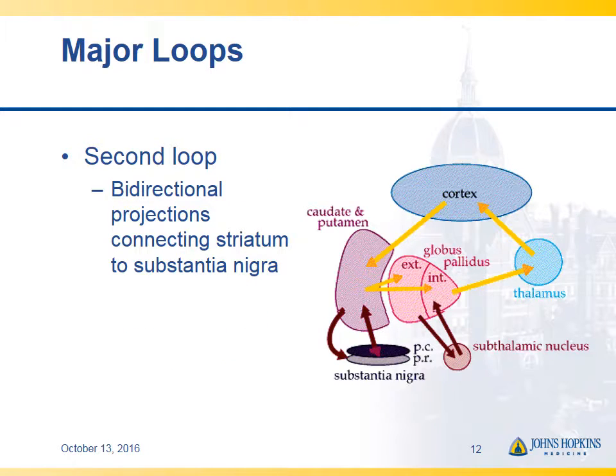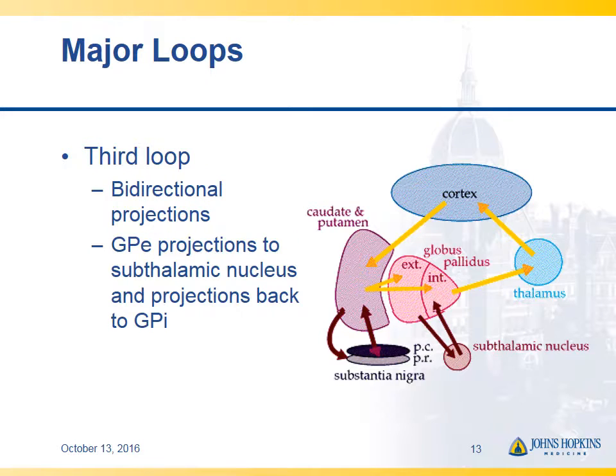The second loop is a bidirectional loop. So there are projections connecting the striatum to the substantia nigra. The third loop is also bidirectional with globus pallidus externa projections to the subthalamic nucleus, and then projections back to the globus pallidus interna.